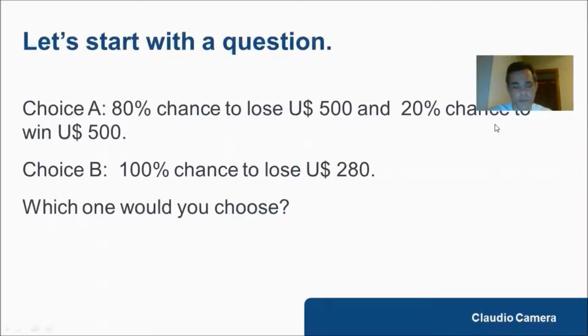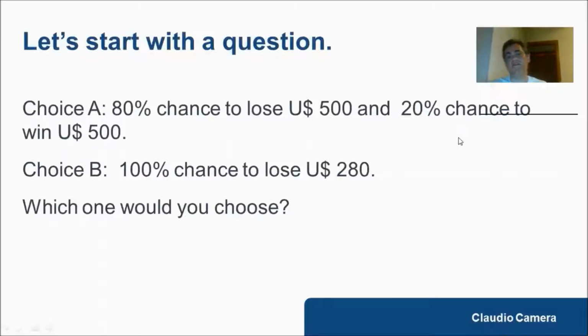So what if I lose 500? If I lose 500, I prefer to bet and lose 280. It could be an option. Other people, no, I will take the chance to win $500. But you're optimist, you're pessimist. So, which would you choose?